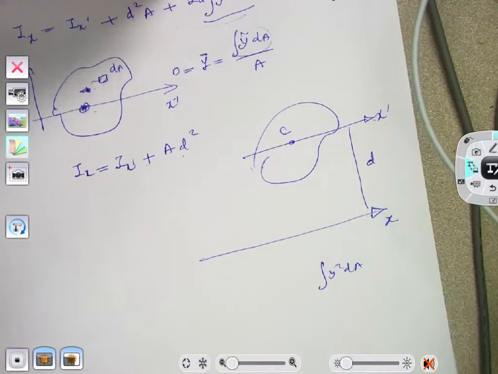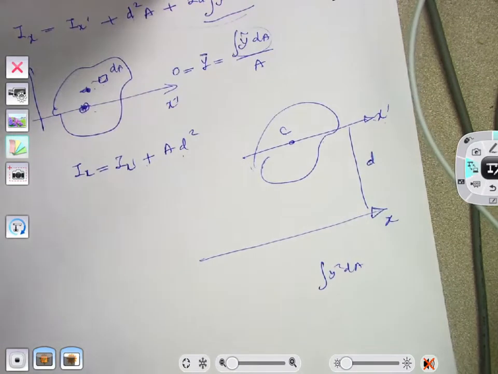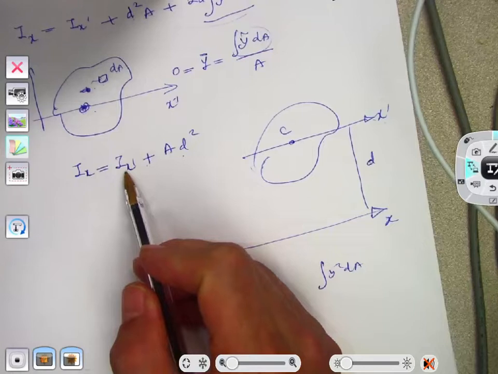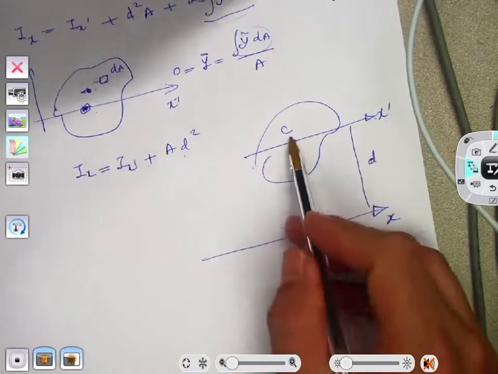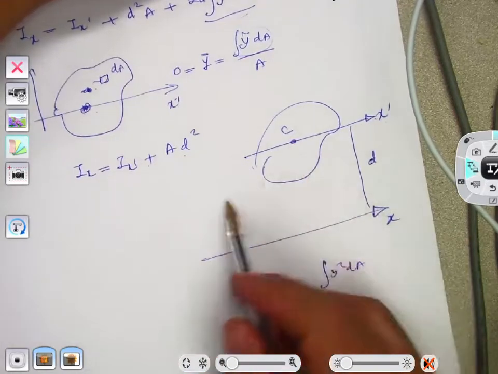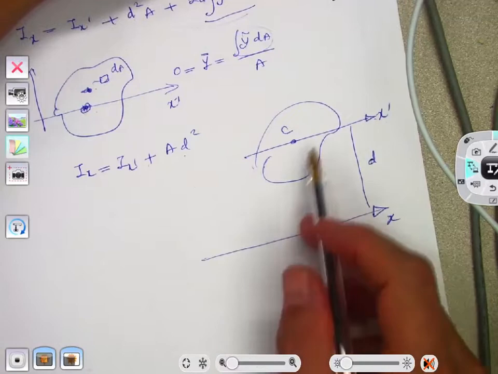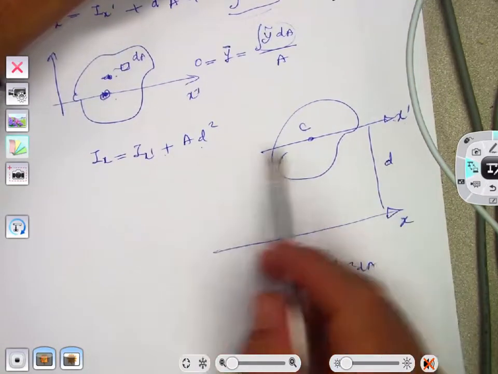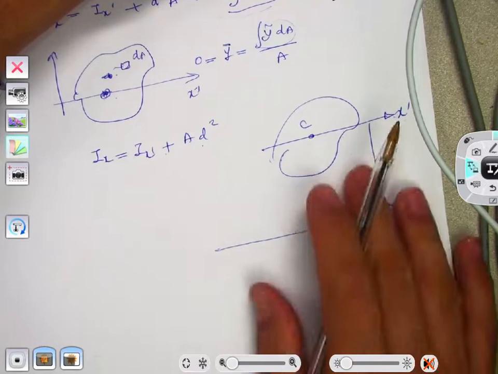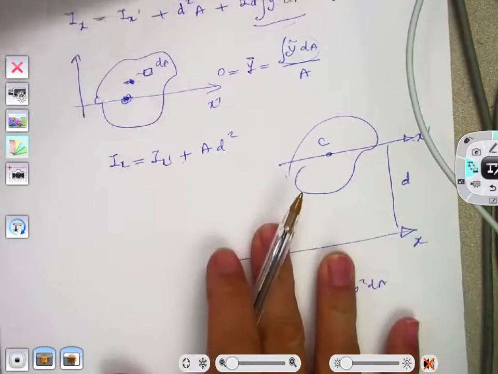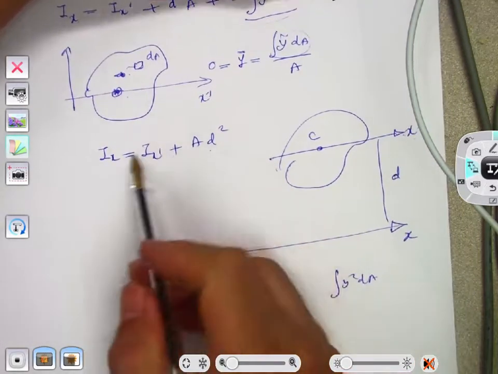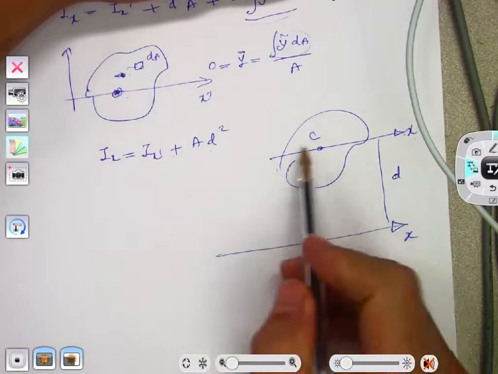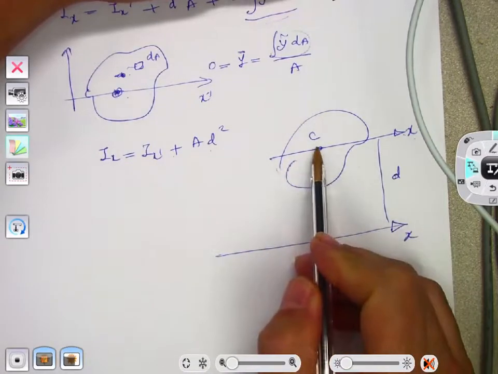But one thing you have to be careful about is that Ix prime must be about an axis passing the centroid. So be careful. We cannot have just two arbitrary axes and then write this relationship. One of them, Ix prime, must be about an axis passing the centroid.